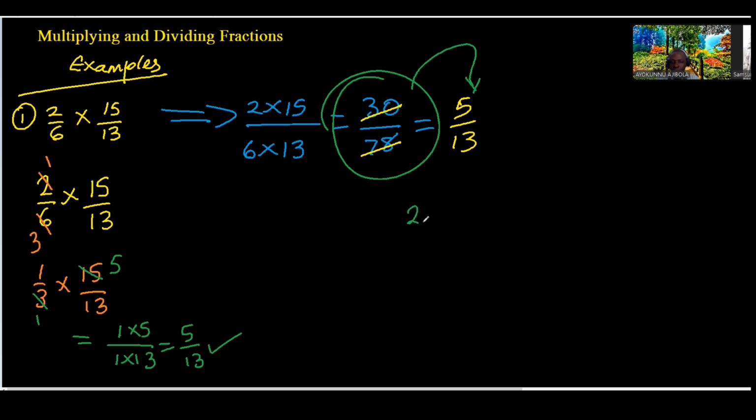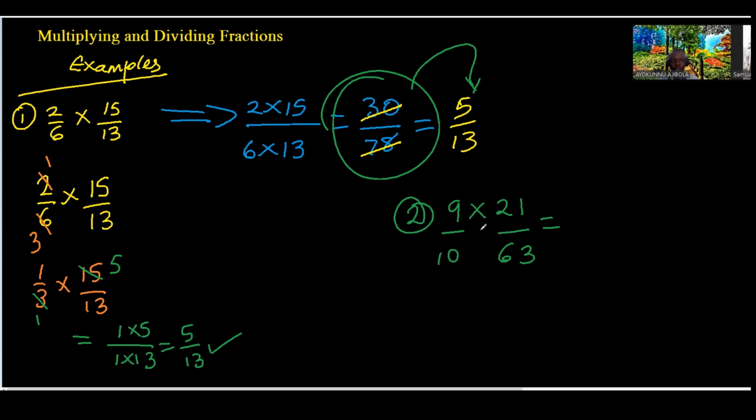Okay, let's look at one more example before I give you what to try. Let's say I have 9 over 10 times 21 over 63. Please look at this so that you can understand.